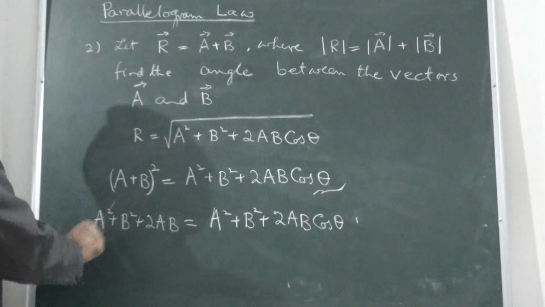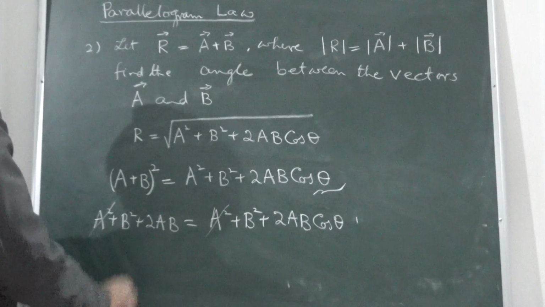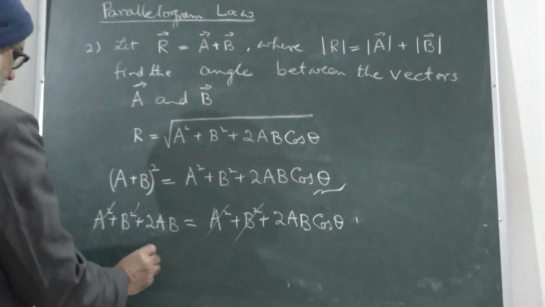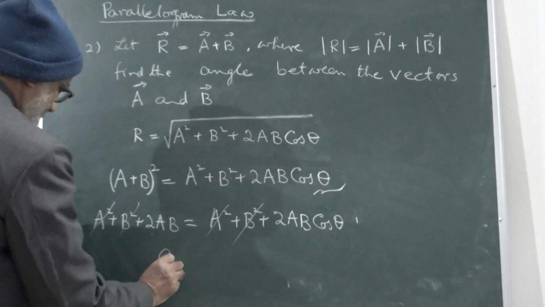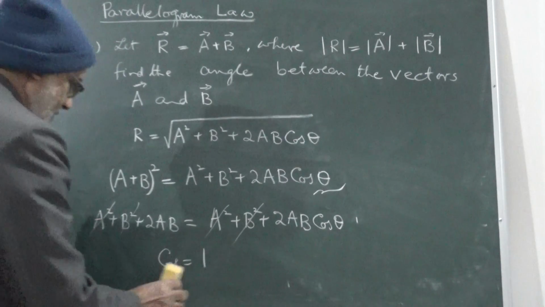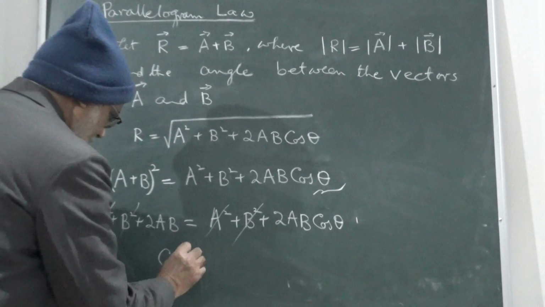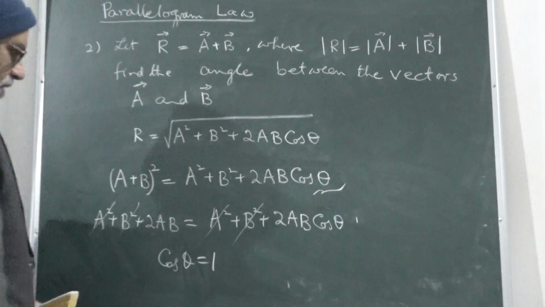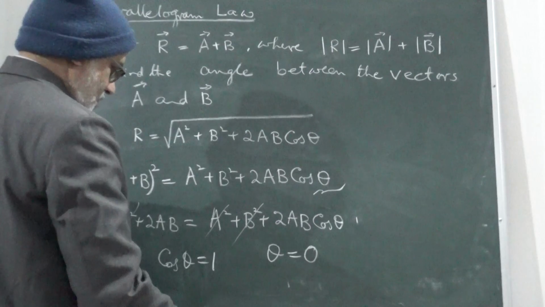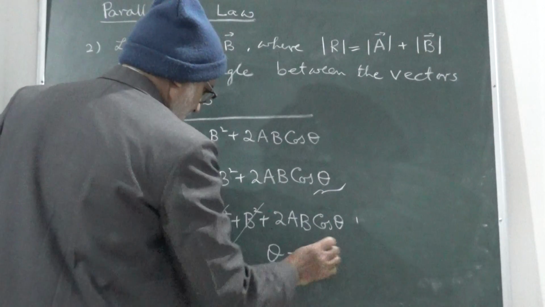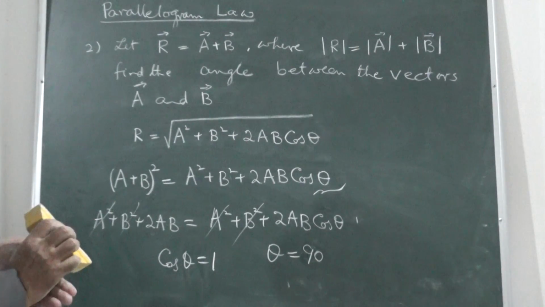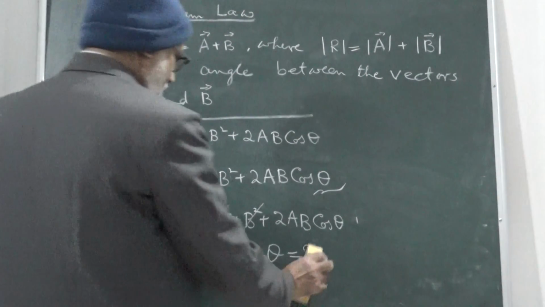So A square minus A square is 0, B square is finished. So cos theta is equal to 1. Oh, sorry, theta is missing here. Cos theta is 1, which means theta is 0 degree.